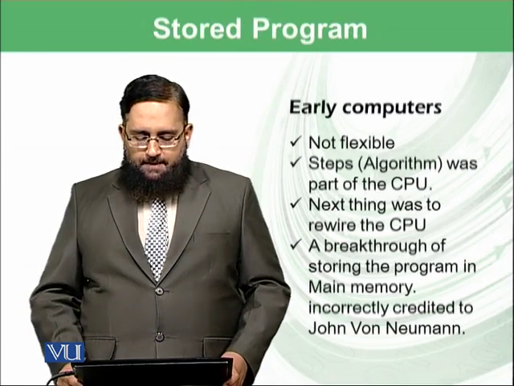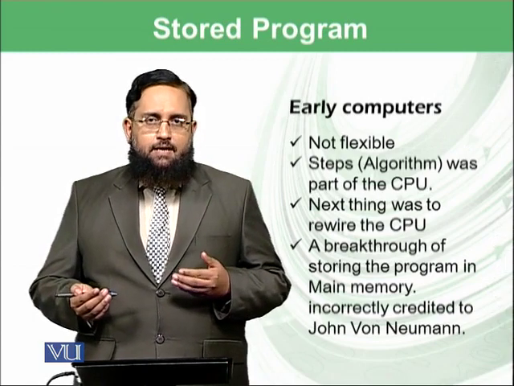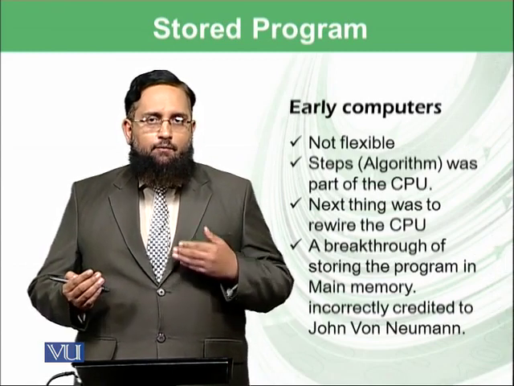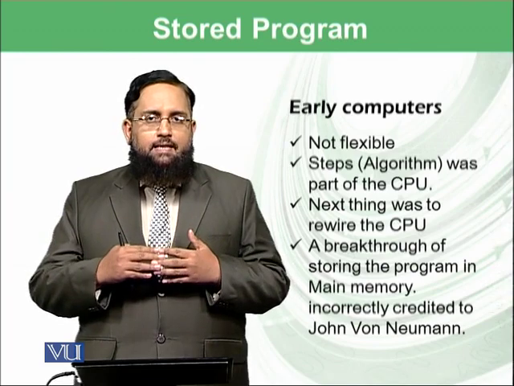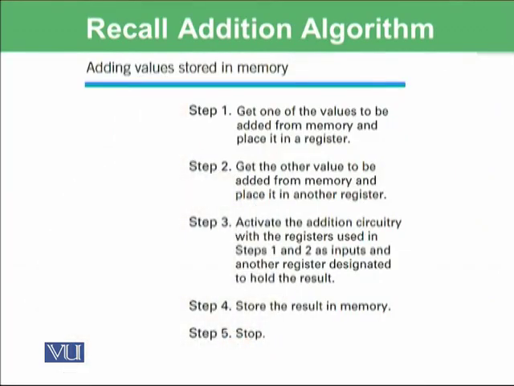So previously, whatever computer was built by scientists, the algorithm was put within the CPU. For example, we have learned about this algorithm in our previous module that adds two numbers, and the initial computers had such an algorithm built within the CPU.